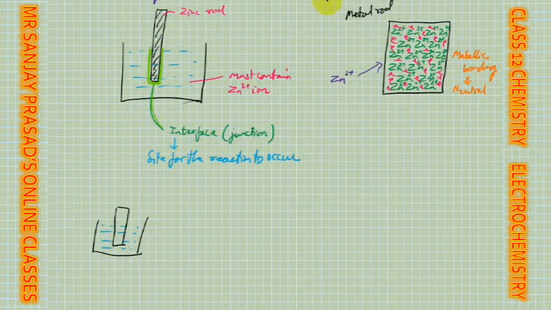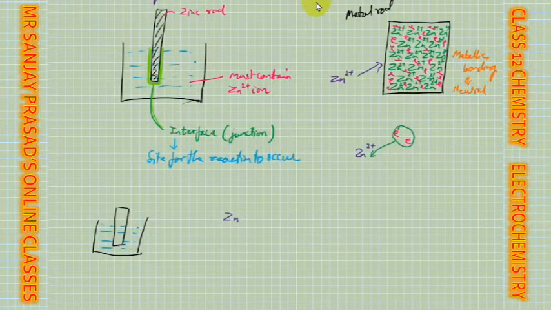Look here, this zinc ion going from outside, Zn2+, collides with the metal rod, where there are plenty of electrons. So suppose the zinc ion goes and takes away both these electrons and comes.